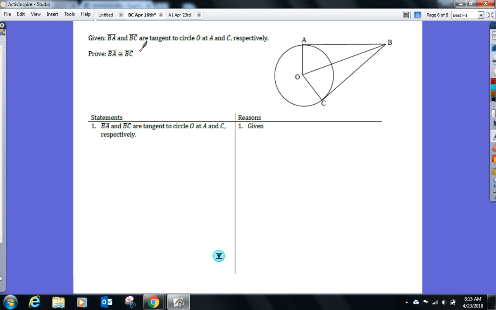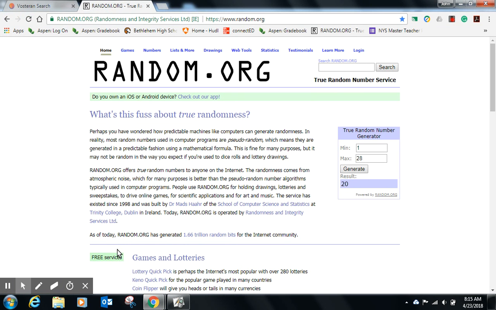Even if you don't know the reason, just leave it blank and write the statement down. You and your group talk to each other for, I'll give you about 3, 4, maybe 5 minutes if you need it. All right, finding the congruent parts that make the triangles congruent. Get the triangles congruent if you can. I'll talk to you in a couple minutes. Talk to each other here.